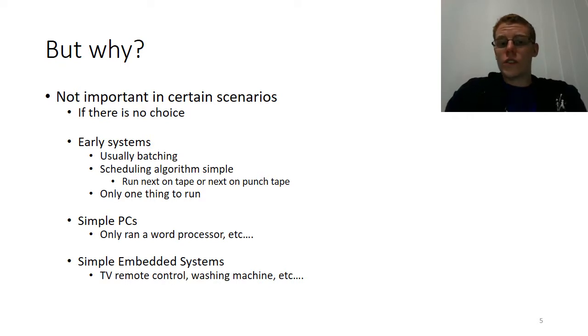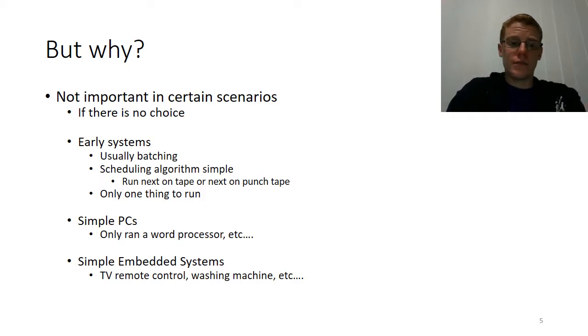In older systems, especially systems very early in the history of computing, you had a simple scheduling algorithm. You didn't even have the capability of context switching, so there was no way for you to possibly swap out a process and run another one. You simply ran the next program on the tape or the next set of instructions on the punch card.